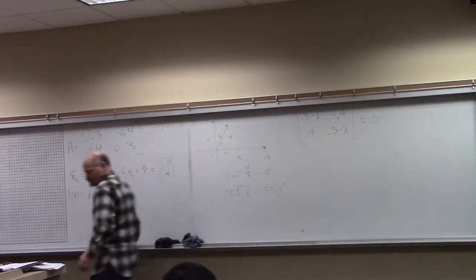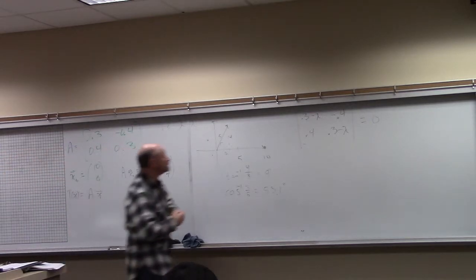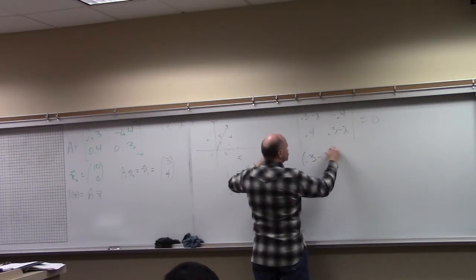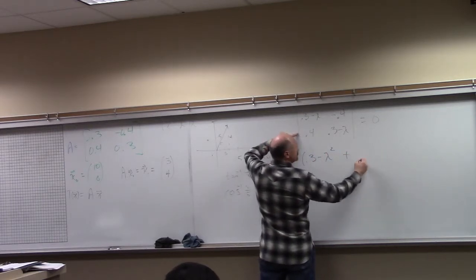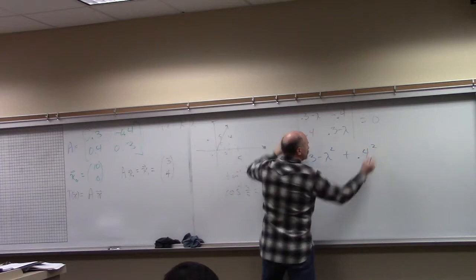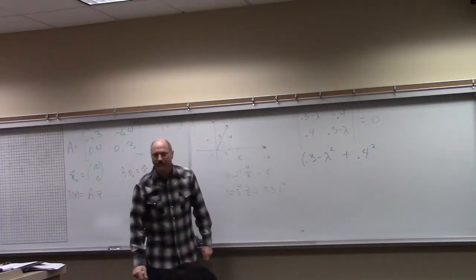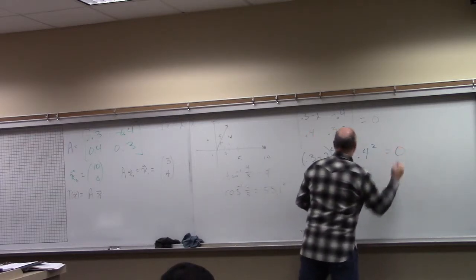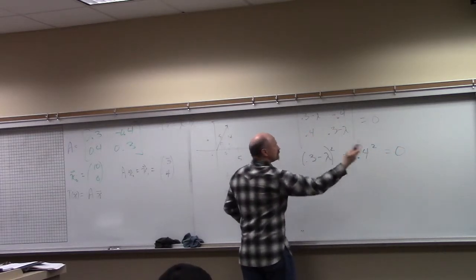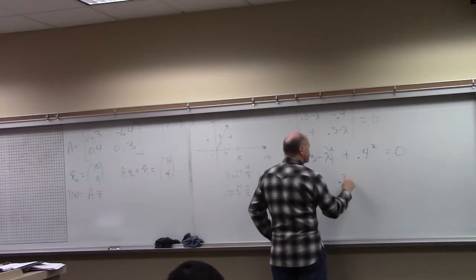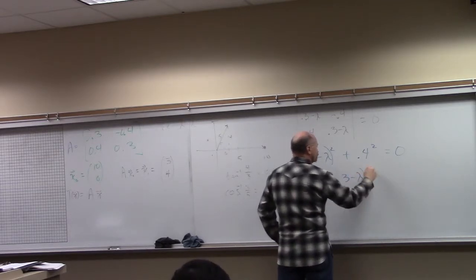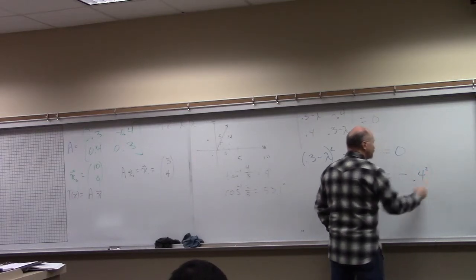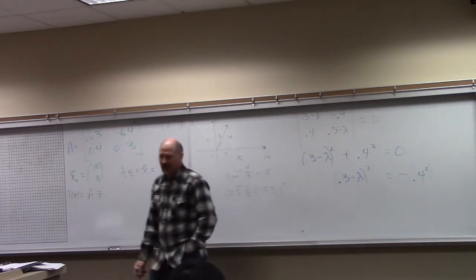So the determinant of that would be, of course, 0.3 minus lambda squared plus, I'm just going to write 0.4 squared, right? And that's equal to 0. If we subtract this from both sides, we get 0.3 minus lambda squared equals the opposite of 0.4 squared. We know that's 0.16.